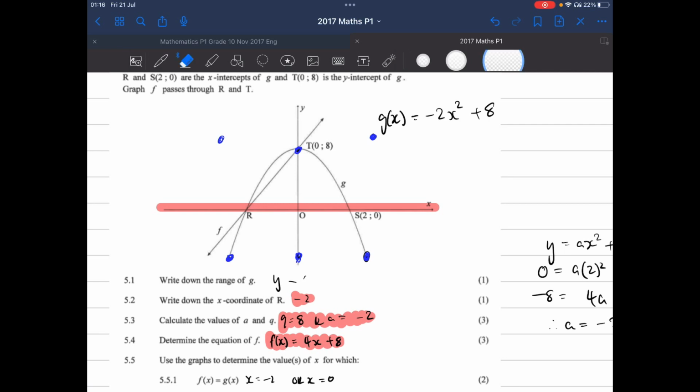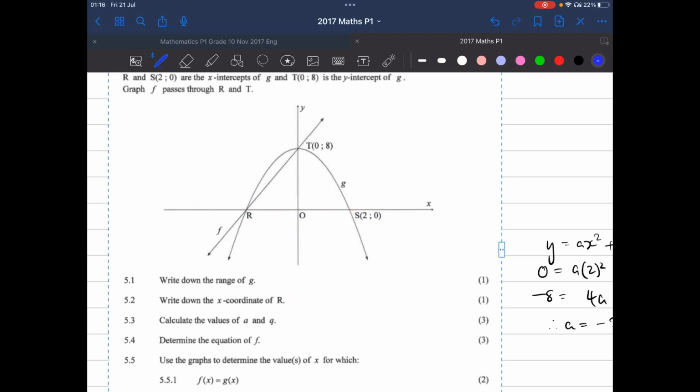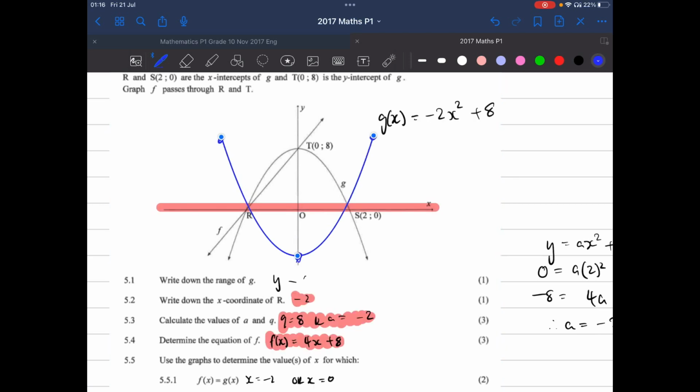So I'm going to erase the old lines now, and let's look at the new parabola that we have. Now you can see that we don't have a concave down parabola, we have a concave up. So essentially the only thing that changed is that instead of having minus 2x squared, we'll have 2x squared.